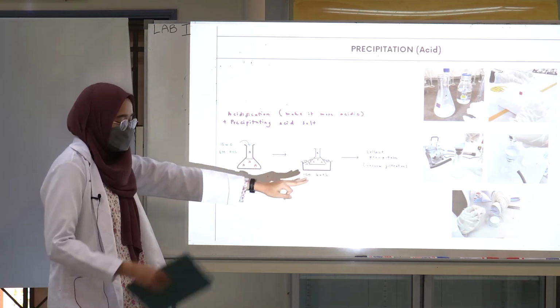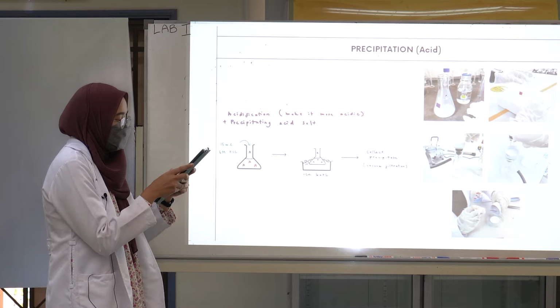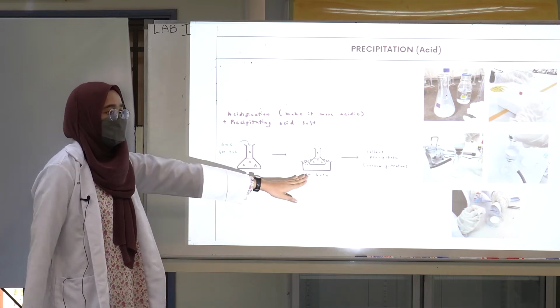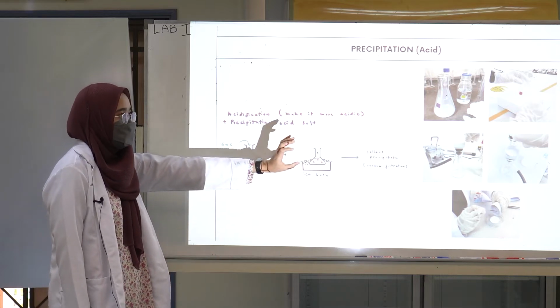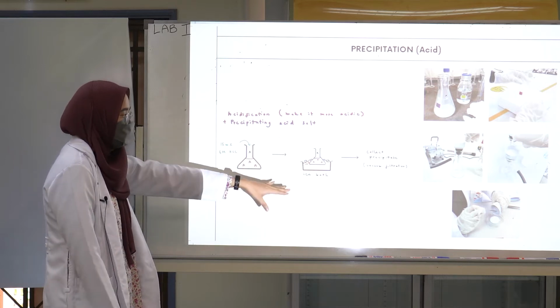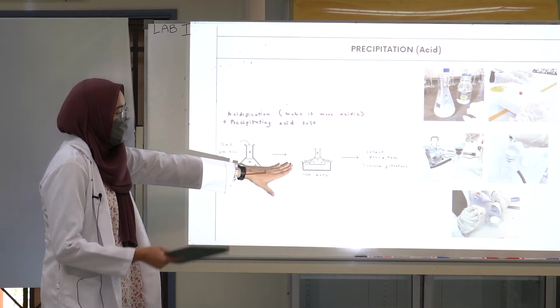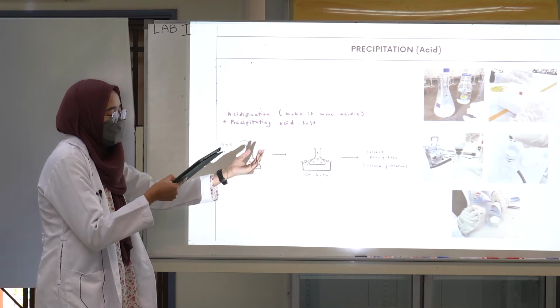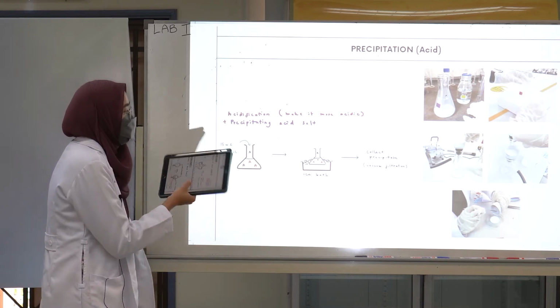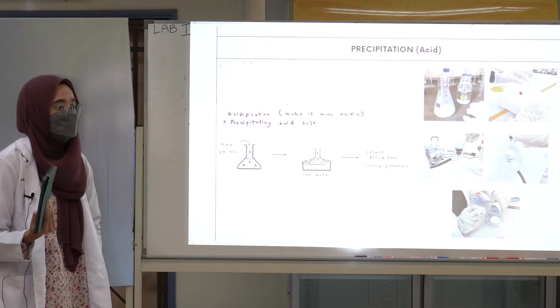While preparing this ice bath, you have to put in a lot of water, because you want to increase the surface area of this flask in contact with the water around here, so that it precipitates faster.